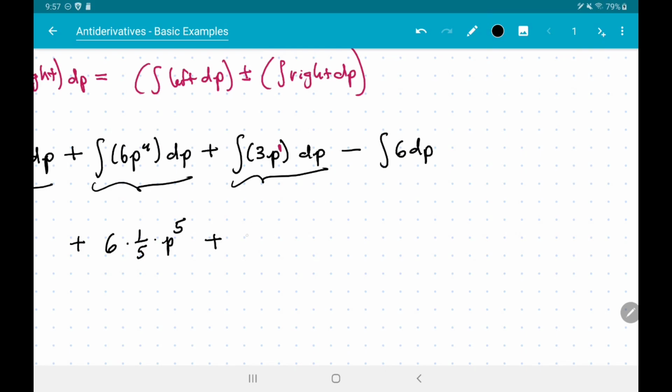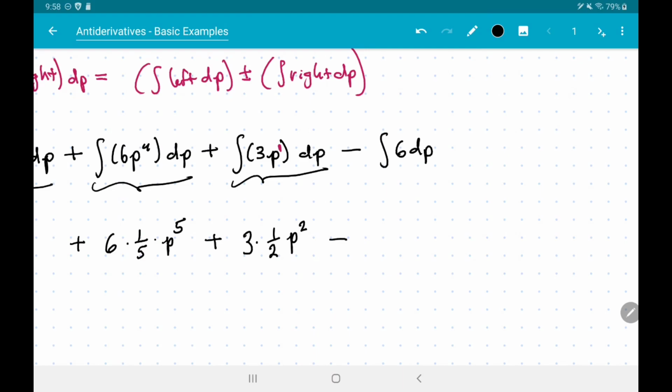Okay, so again, we keep multiplication by 3. We apply the antiderivative power rule to p to the 1 to get 1/2 p to the 2. Yeah, you got to keep this straight. The derivative power rule takes you down a degree. The antiderivative power rule takes you up a degree.